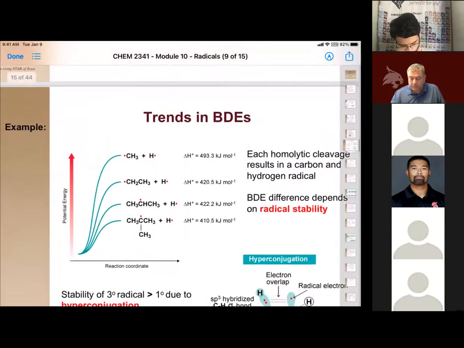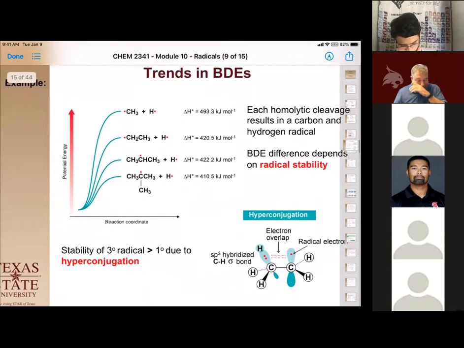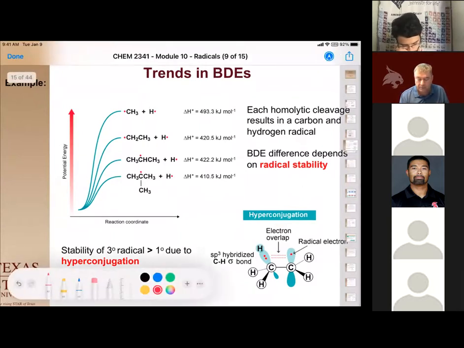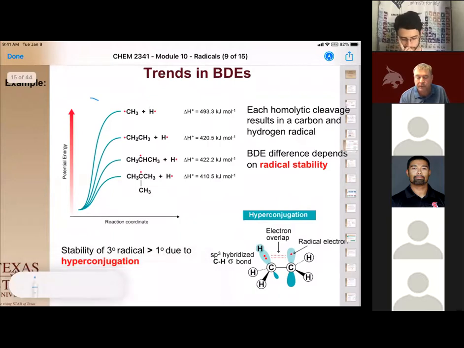Okay, so let's look at trends in the bond dissociation energy or the formation of a radical, okay? So in the case of that, because of the methyl group here being the strongest bond, it needs the most energy to break that bond, okay? So think about that. So that methyl radical needs more energy to create, okay?